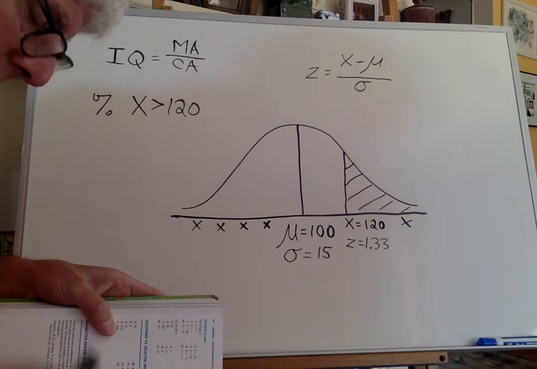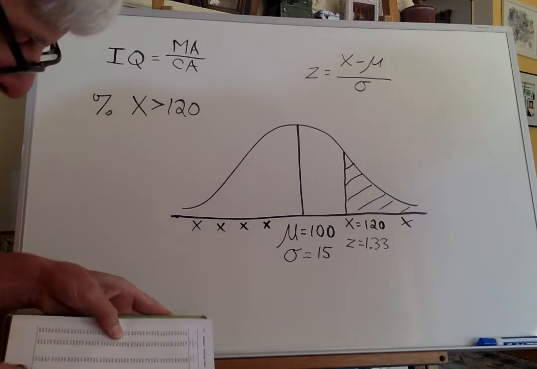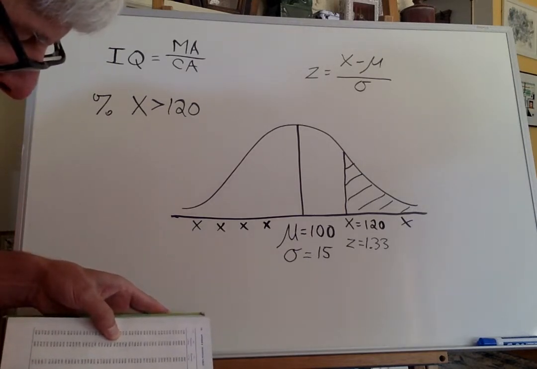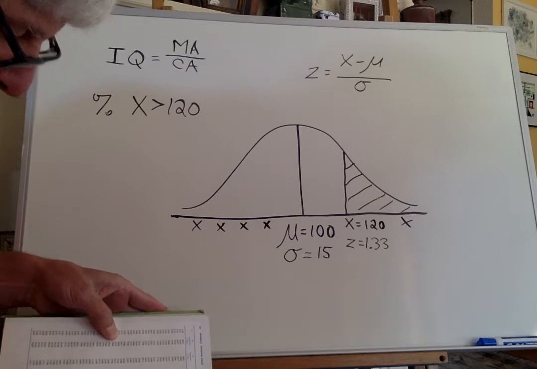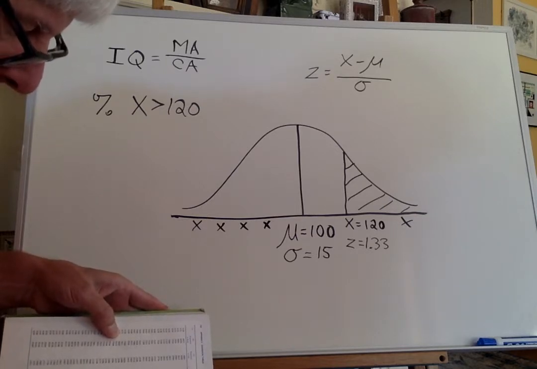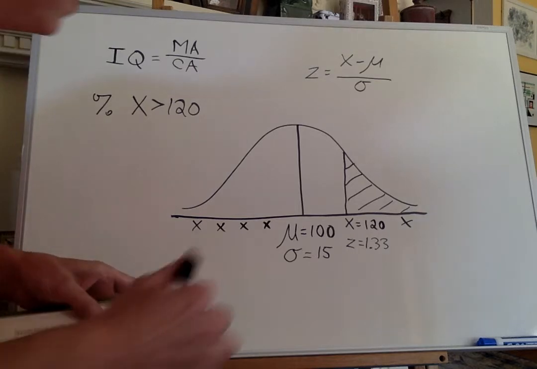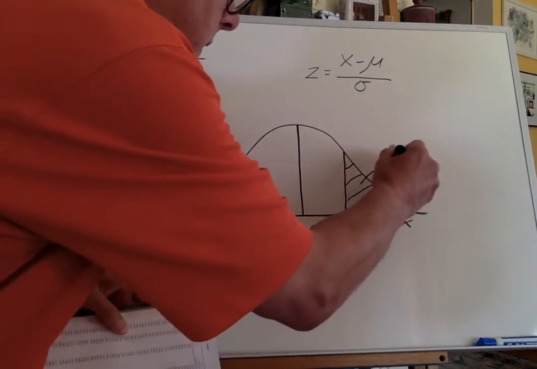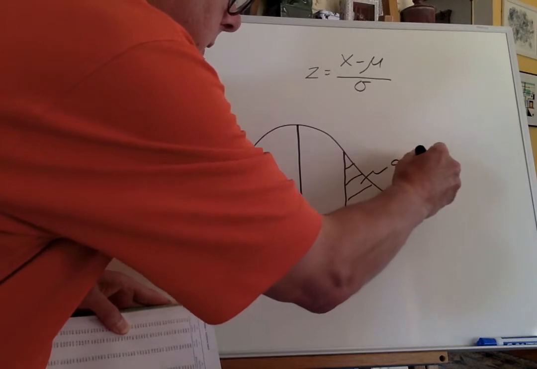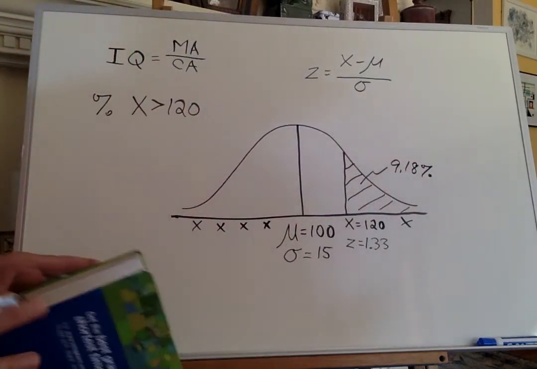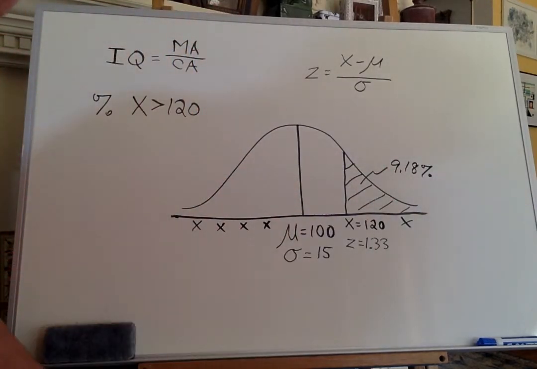And so just look at it in numerical order here. Z-score of 1.33. And in the tail, so this is column C in our textbook, in the tail it tells me there's 9.18% of the people who score above a 120, okay?